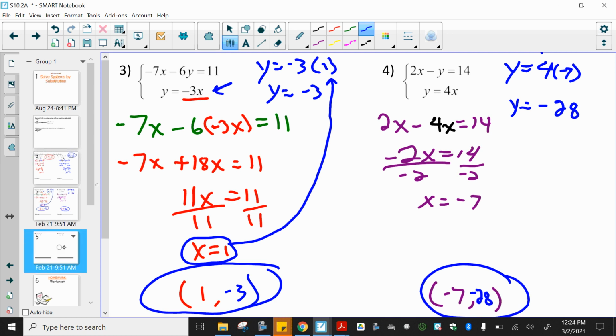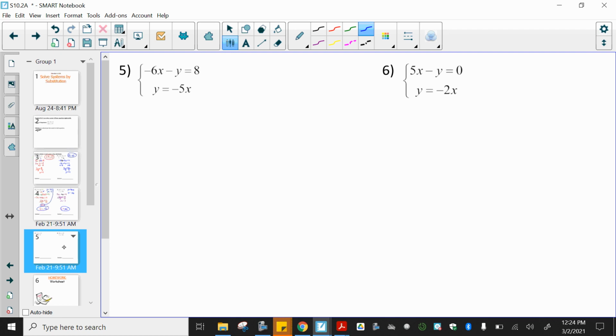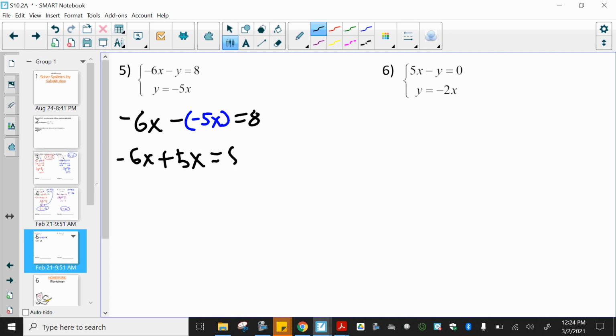Alright, next one. They can slowly get a little bit harder. This one's not really any different, so let's do black for this one. So negative 6x minus, the value of y, minus negative 5x equals 8. Here we're going to treat that like the distributive property. Okay, bring down the negative 6x. Negative of negative 5x would be plus 5x equals 8.